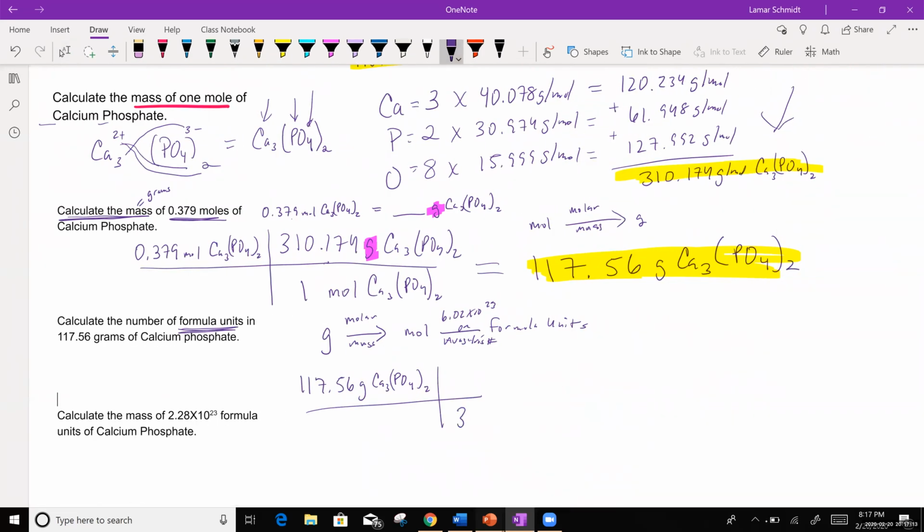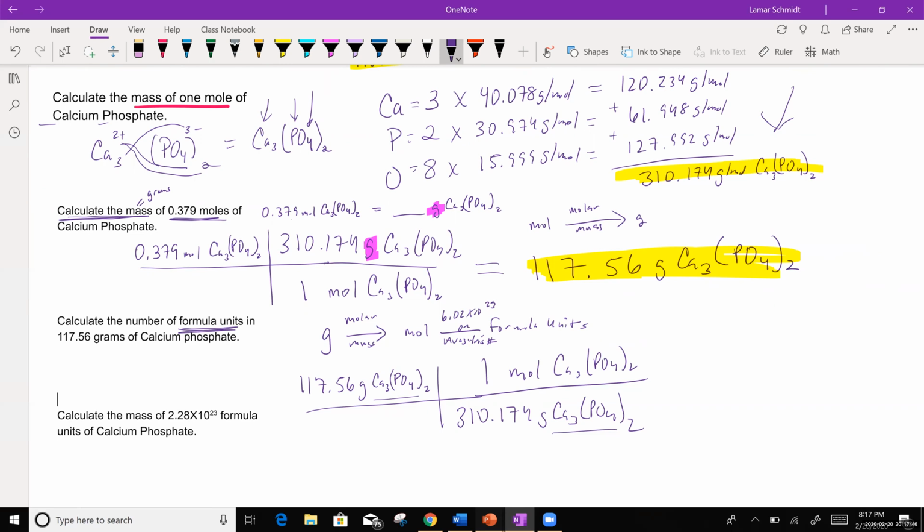So 310.174 grams of calcium phosphate. And you notice that whatever's in the top bracket is going to be down here on this side of that bracket, always. And what does the grams equal? This mass equals what? The mass of 1 mole. So it equals 1 mole of calcium phosphate.